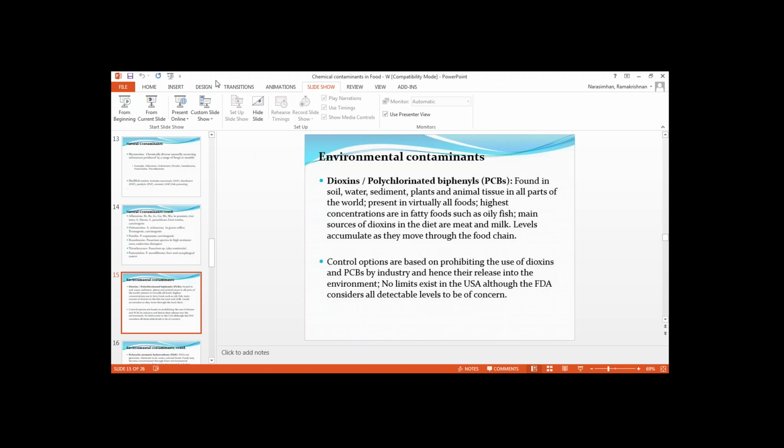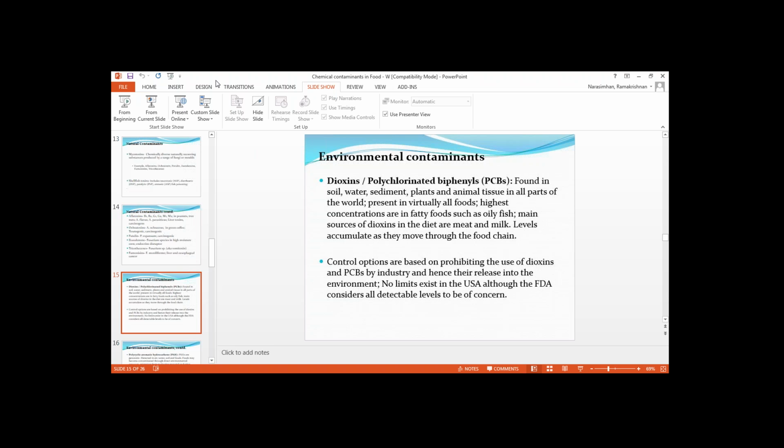So dioxins may be present in the diet, basically meat and milk. Okay, and these levels accumulate as they move through the food chain. Okay, because we are at the end of the food chain, human beings may have the highest level of these contaminants. So what are the control options then?